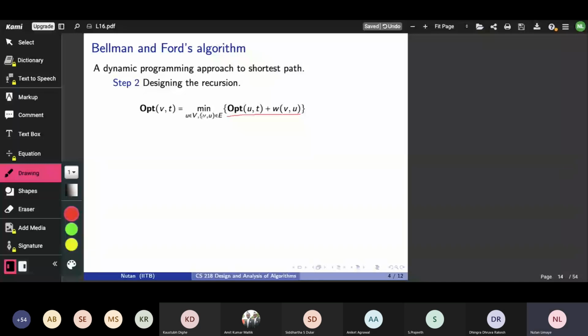That's for sure. So there is some path that is optimal between V and T. There is some vertex that is neighbor of V along that path. The problem is if we knew that U, we could have just written opt of V,t with respect to that U. But unfortunately, we don't know what that U is.